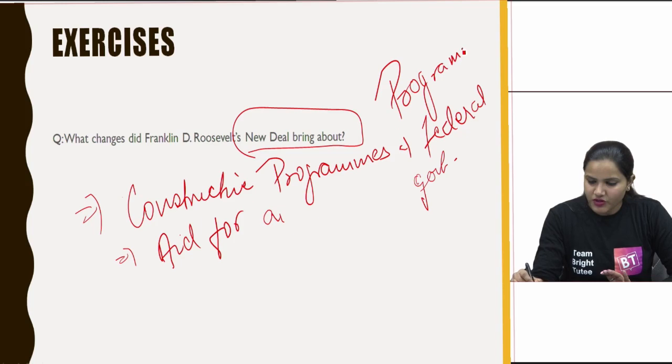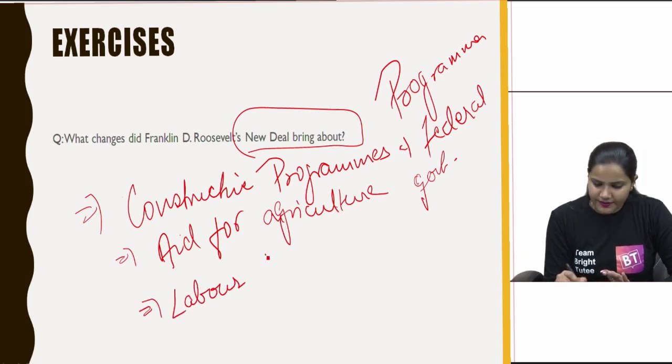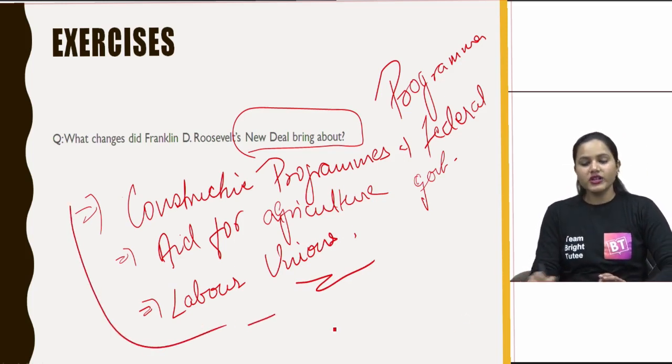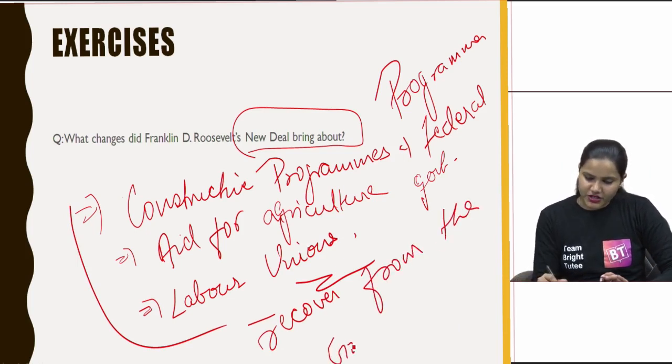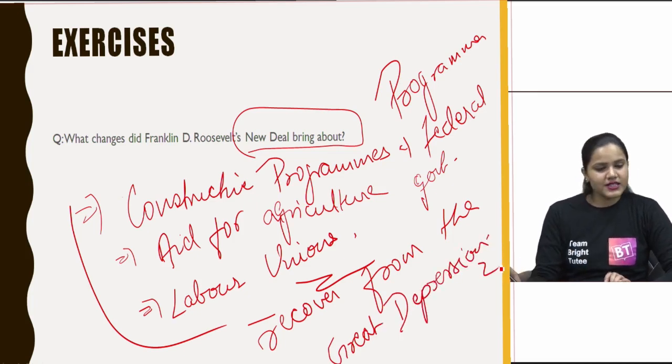Right? Talk about the federal programs, aid for agriculture. Write about the labor unions. So how these constructive programs were introduced in order to recover from the Great Depression. So this is how you have to answer this question.